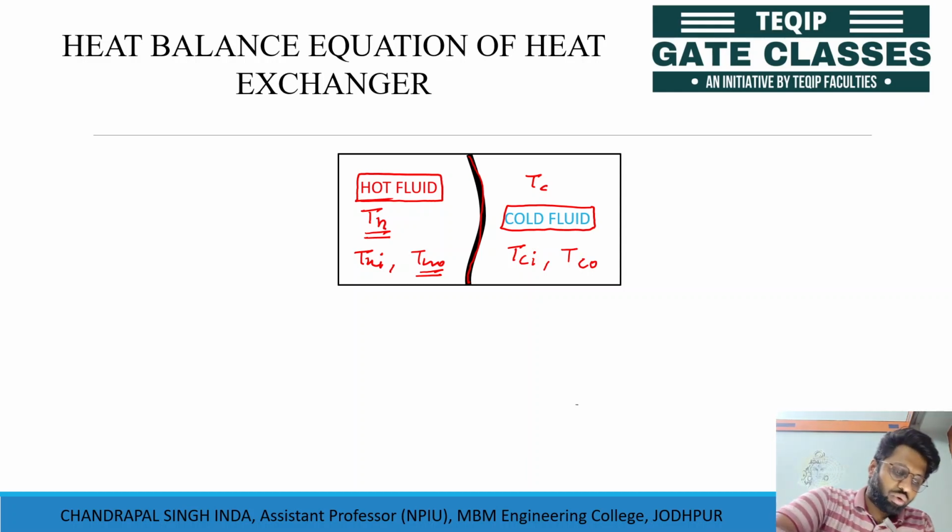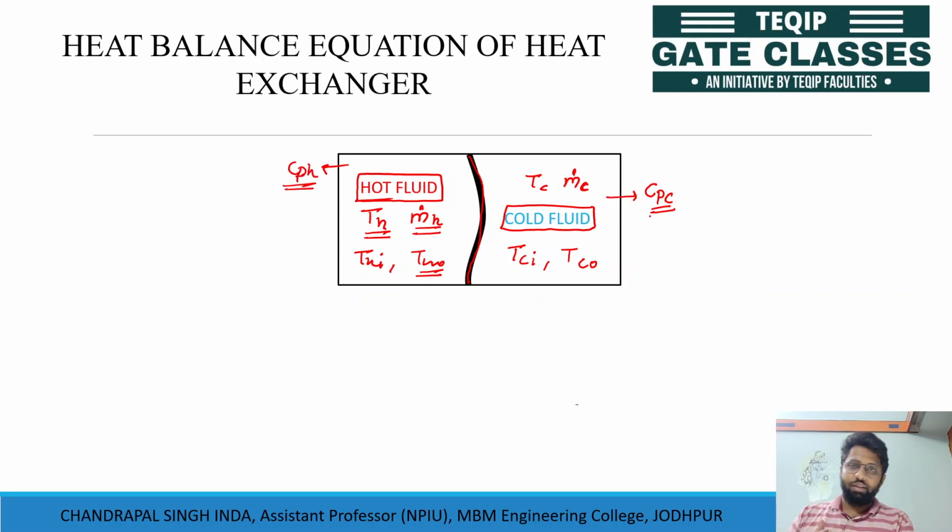The mass flow rate for the cold fluid is m dot c, and for the hot fluid is m dot h. The specific heat for the cold fluid is denoted by Cpc, and the specific heat for the hot fluid is defined as Cph.